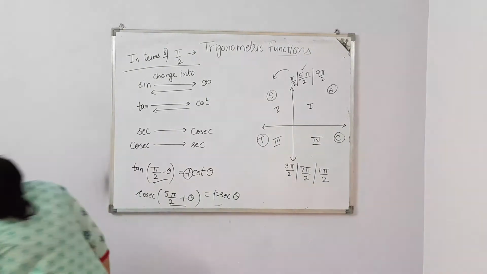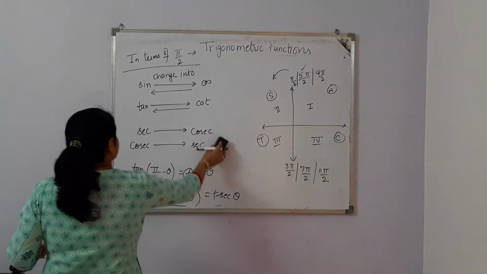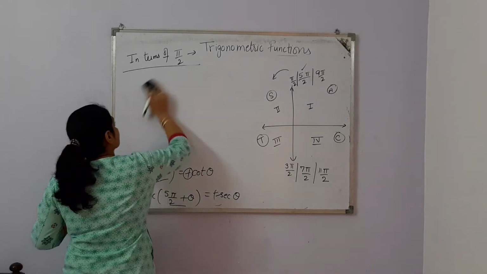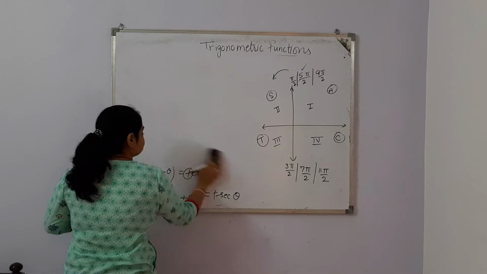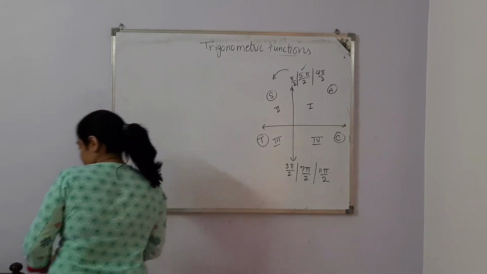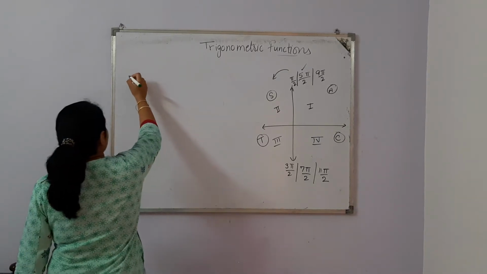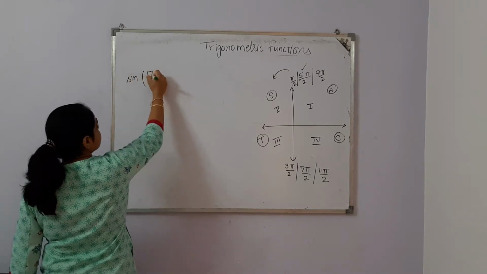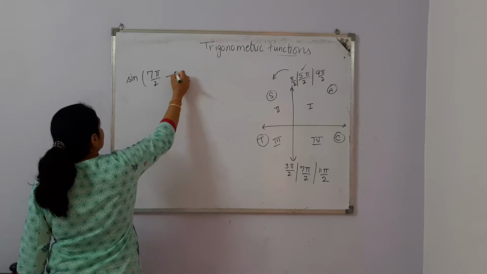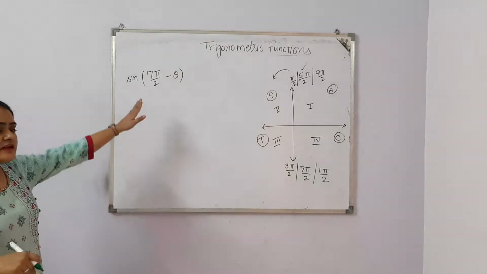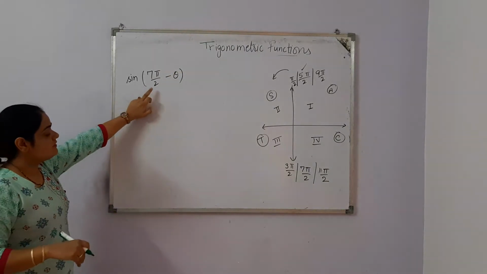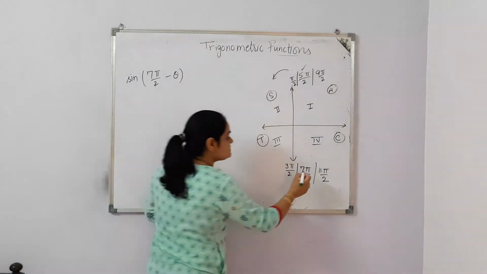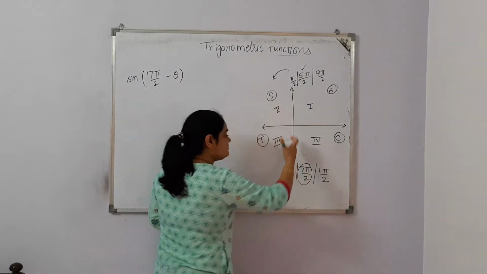Let's do some more questions. If you are having 7 pi by 2 minus theta, here is 7 pi by 2, that means again a vertical line.